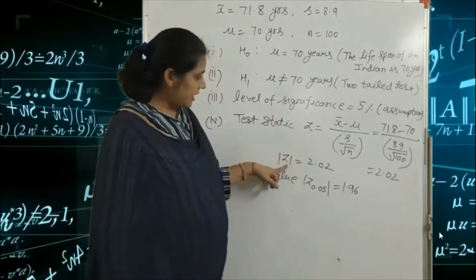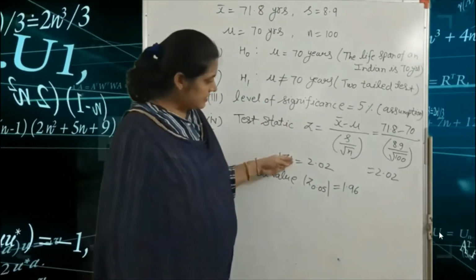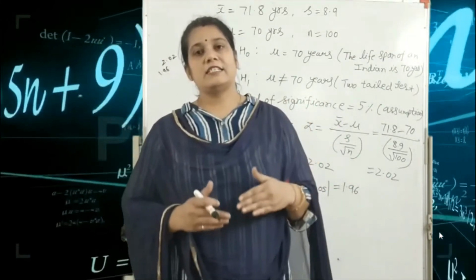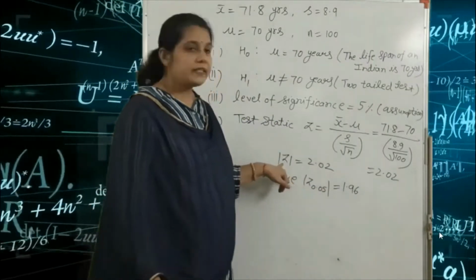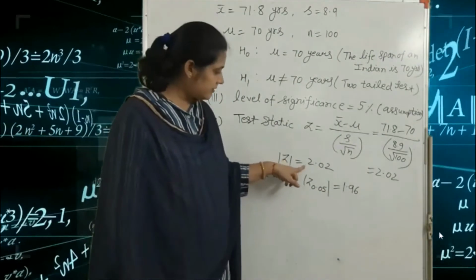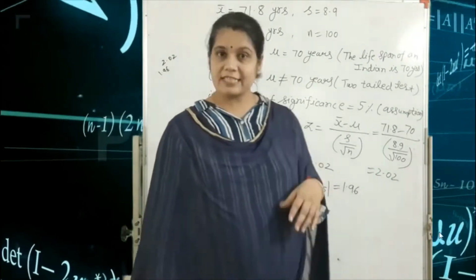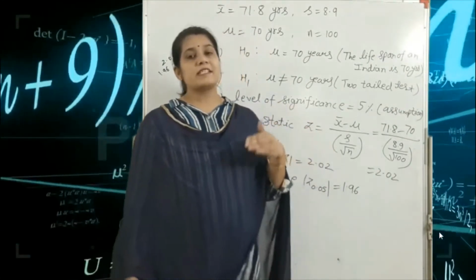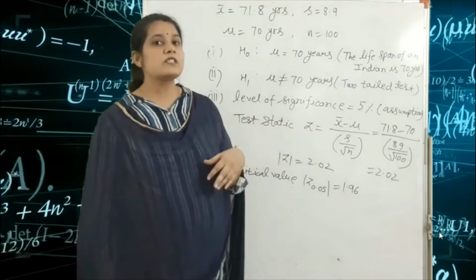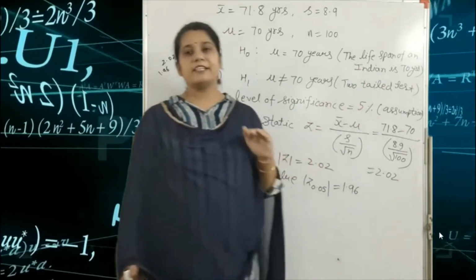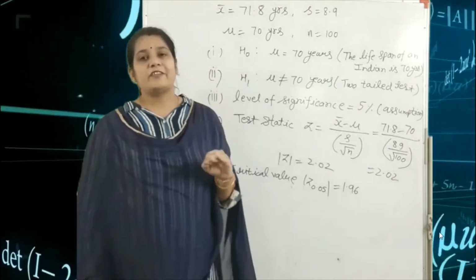If mod of z is less than mod of z alpha, then the null hypothesis is accepted. But here mod of z is greater than mod of z alpha, that means the null hypothesis is rejected at 5% level of significance. So the conclusion is: the lifespan of an Indian is not 70 years.